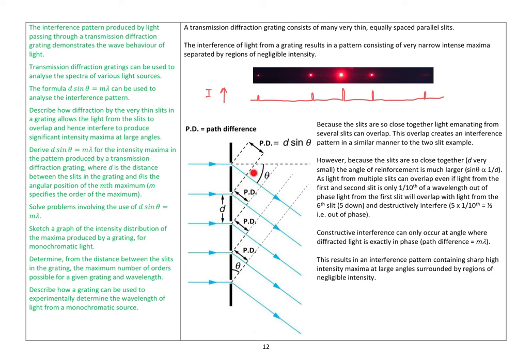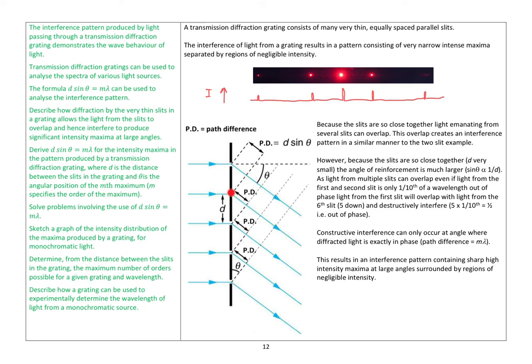If we draw this right angle through here, this distance represents how much further the light from this slit will travel compared to this one here. If this one travels half a wavelength further than this one, then we will get destructive interference between these two, so the light will cancel out and we won't see intensity. The only time we'll see constructive interference is if this distance is a whole number of wavelengths, and then this one will constructively interfere with this one.